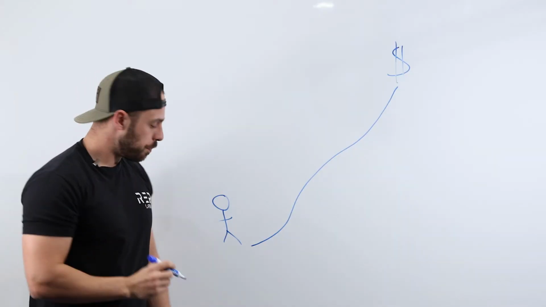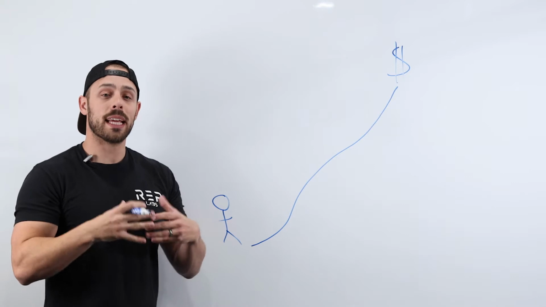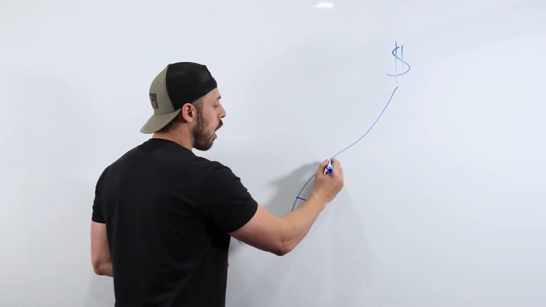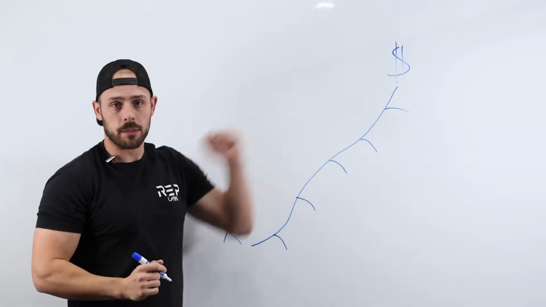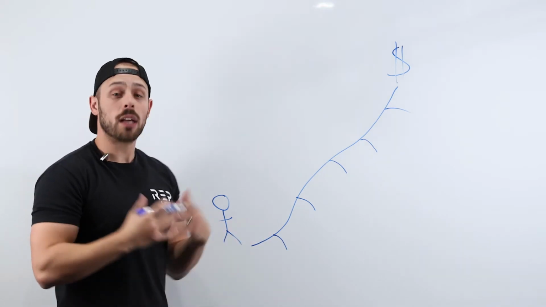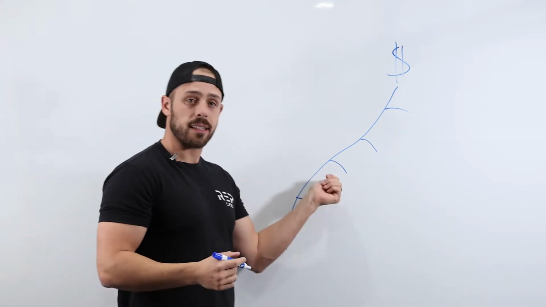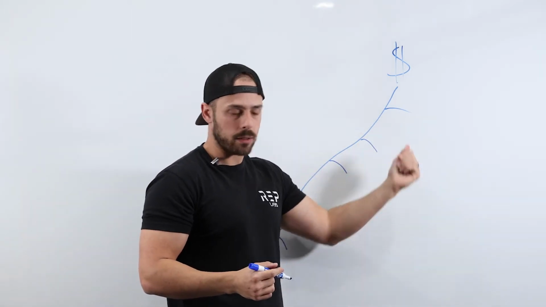But here's the deal. Every time this customer has an opportunity to make a decision, there is a fork in the road that they can veer off the path and abandon the journey. It could be pausing to stop and look at your ads, deciding to click on your ads, adding something to their cart, initiating a checkout, putting their credit card information in, right?